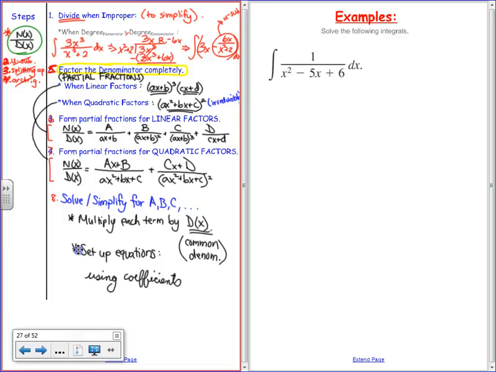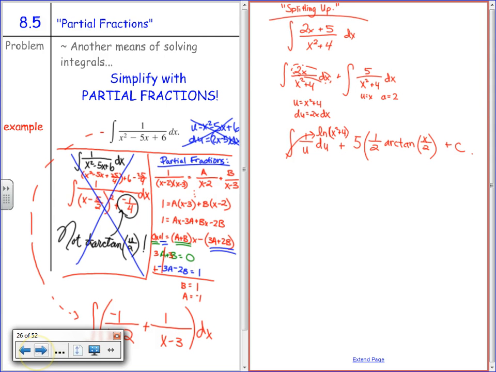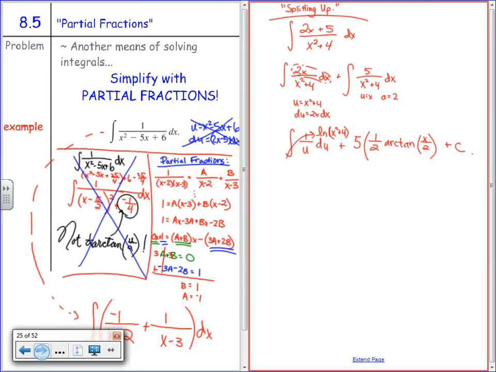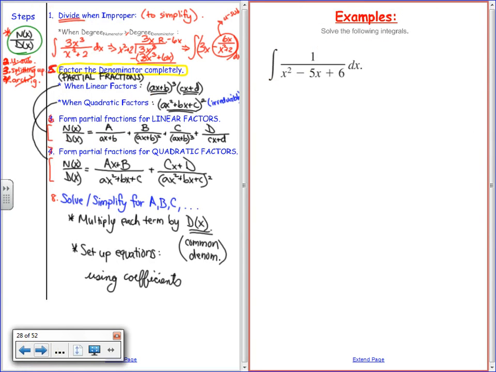Why? Because of the 2x minus 5. Should I use splitting up? Nothing to split up, only one term on top. Arc trig? Maybe, except what did we see about this example earlier? Did arc trig work? No. I tried arc trig and it didn't work. So therefore I can't use arc trig. So we're going to use partial fractions. This is the one we did yesterday, but I want you to see the steps on an easy one before we go to the next one.